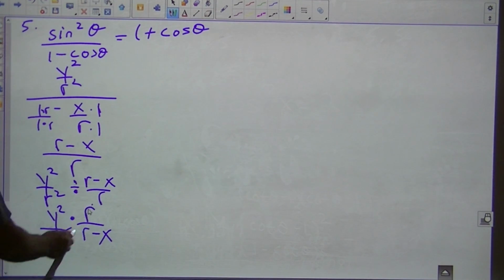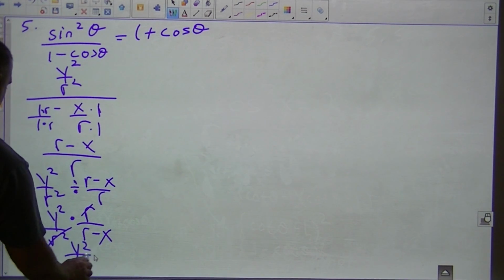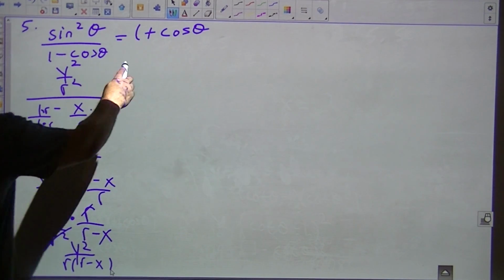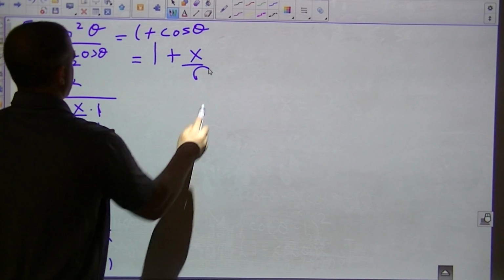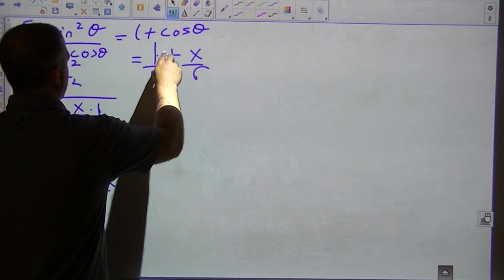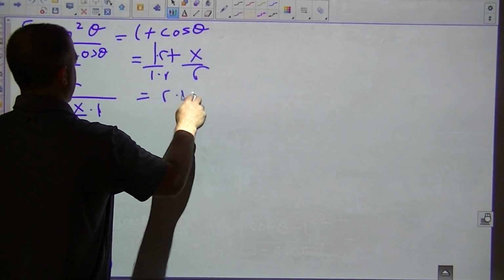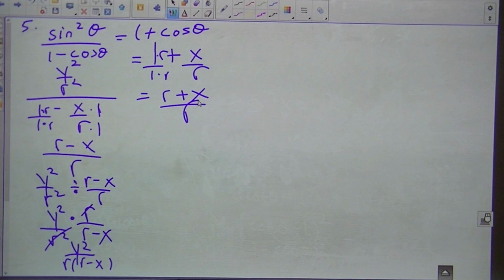So that's going to cancel, and what I'm going to have is y squared over r times r minus x. All right, now let's see what goes on over here. I got 1 plus x over r, so that's going to be r and r. So that's r plus x all over r.